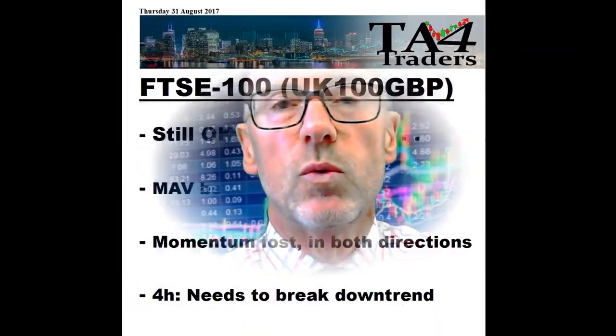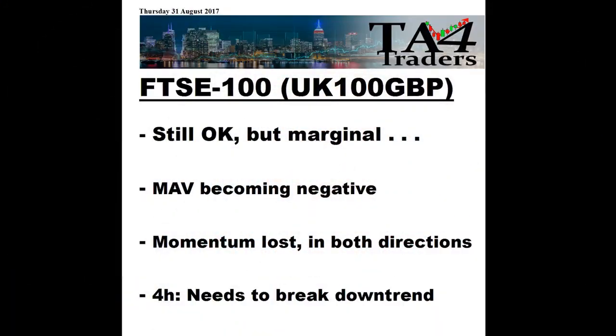The key takeaways from the video should be that it's still okay, but it's marginal. The MAVs are becoming slightly negative as they move down. We need to break back above them. There's no momentum in the market, especially on the daily. It's been lost. Although, as I said when I was looking at the charts during the video, there potentially have been some non-confirmations, which is good from the RSI.